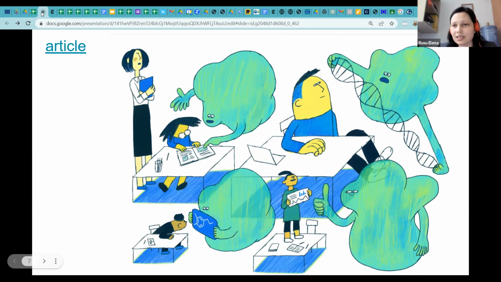Also, all the texts that are created with the help of ChatGPT are very difficult to check for plagiarism.